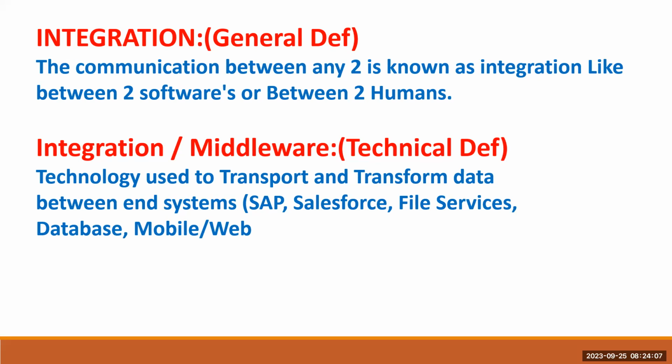So the moment you click on search, what will happen? Internally, one API will be called, and it is going to interact with the database. Based on your requirement, it is going to fetch the data and display it to the user. I will show you that practically, but for the definition, you just remember this.